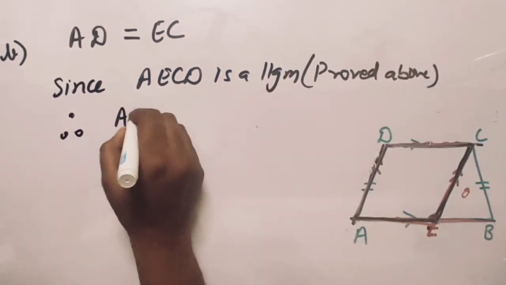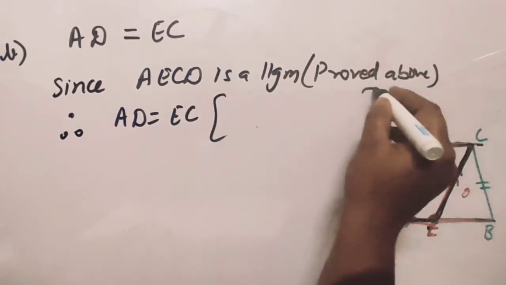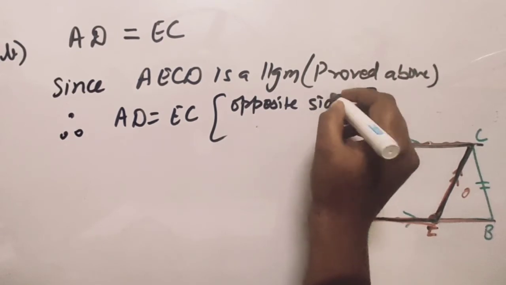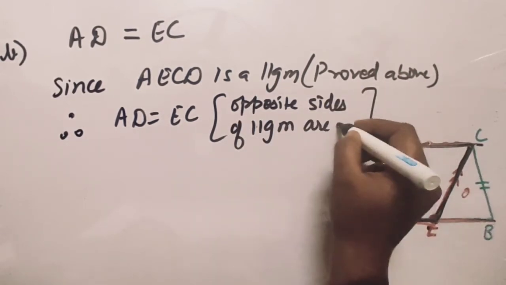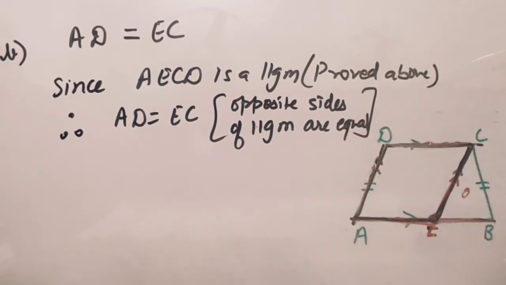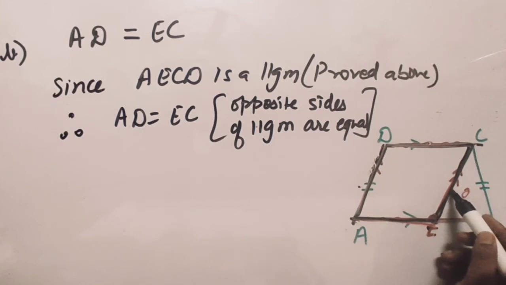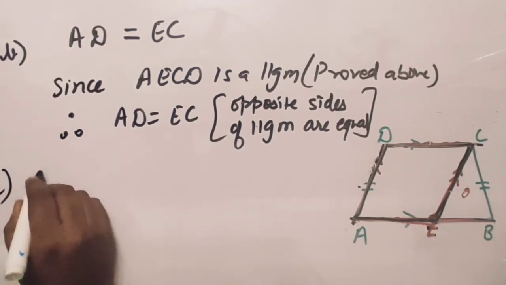Therefore, AD equals EC. Right? Why? Because opposite sides of a parallelogram are equal. So this is the reason that this side is equal to this side. Clear?